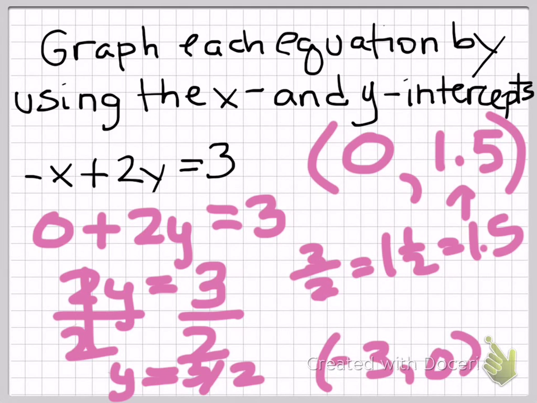So if I were to graph the equation, I would use these 2 points and connect them with a line. So let me graph that.